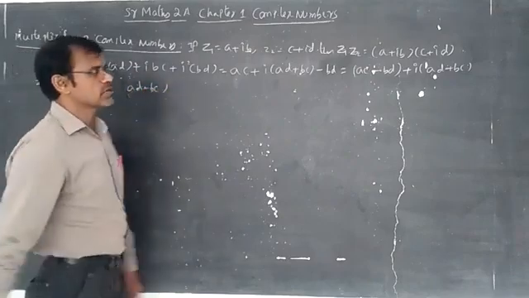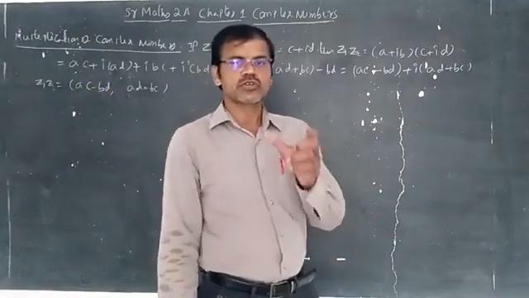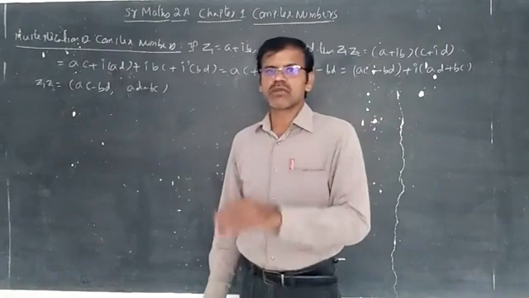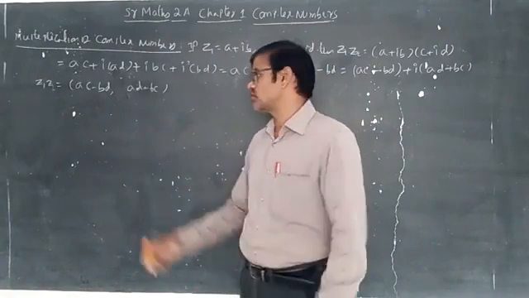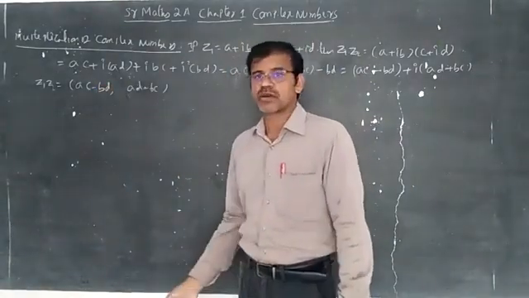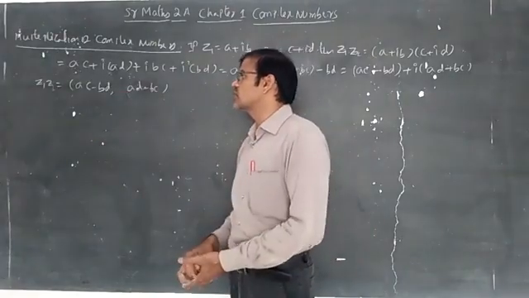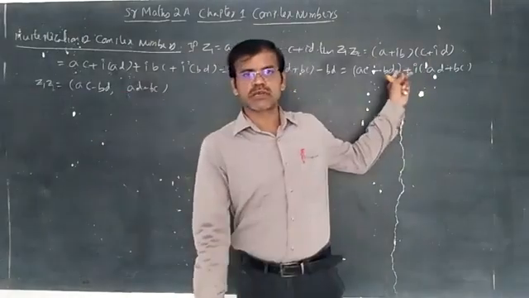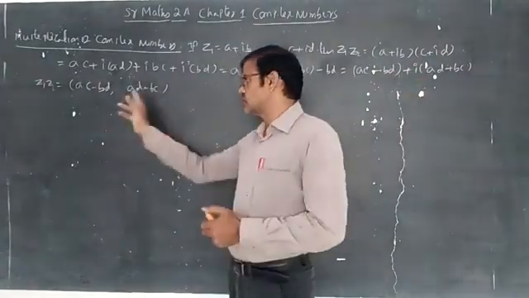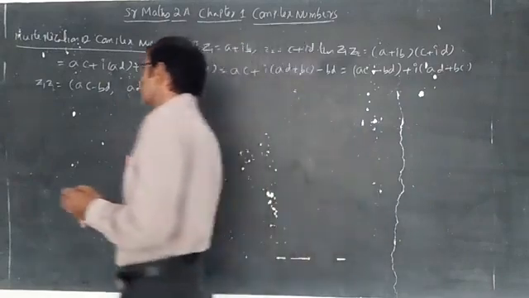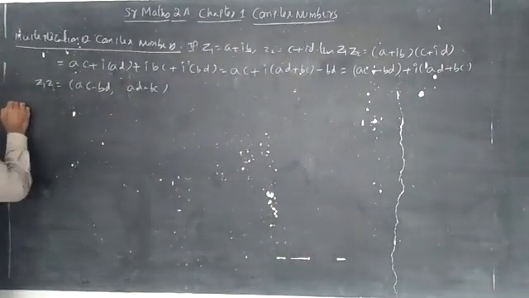Whenever a complex number is represented with two letters A, B or C, D or X, Y, you can understand first one is the real part, second is the imaginary part. If you are writing Z1 into Z2, you should write like this: (AC minus BD) plus i into (AD plus BC). This is the multiplication of complex numbers.